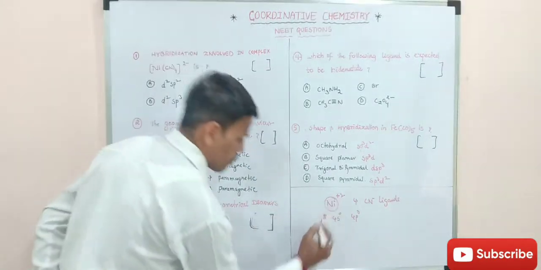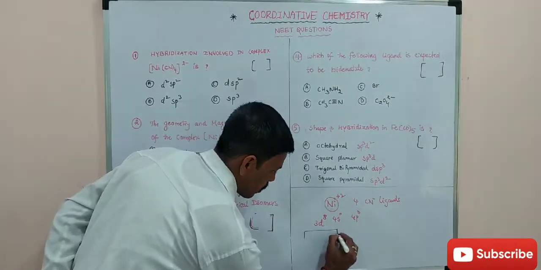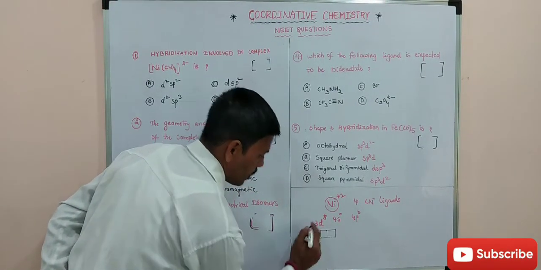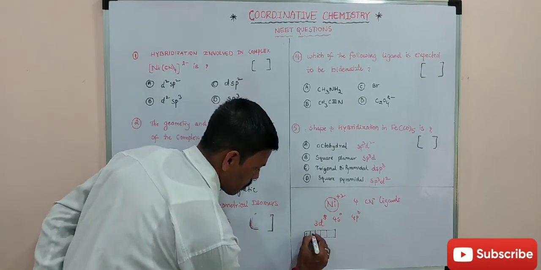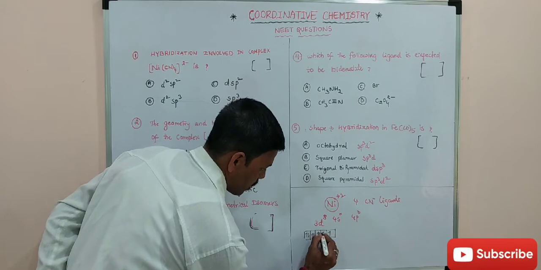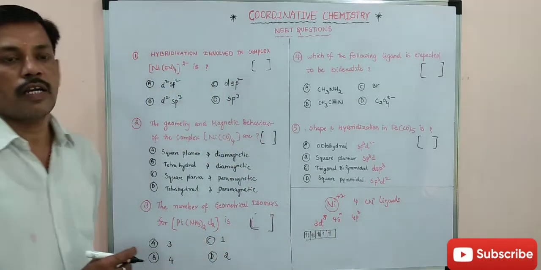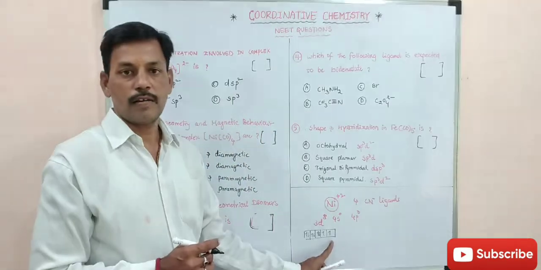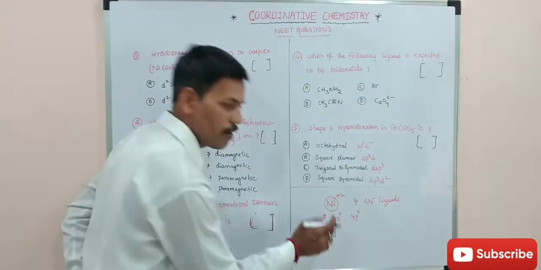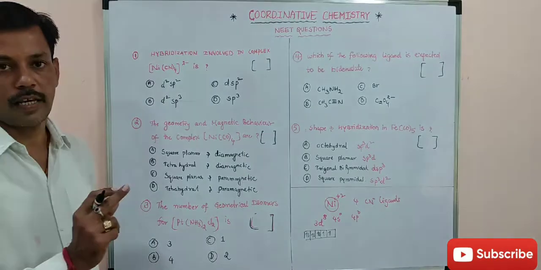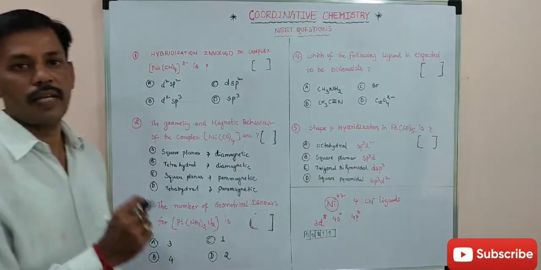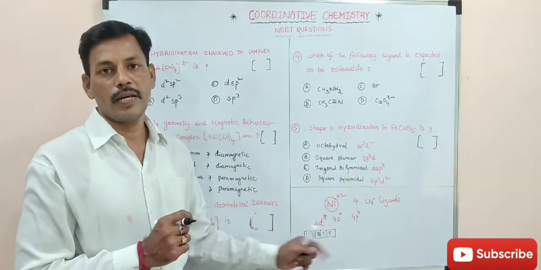Now if we discuss the hybridization, in the d orbital we have 6, 7, 8 electrons. So 2 orbitals remain with a lone electron each, and the remaining 3 orbitals have pairs of electrons.